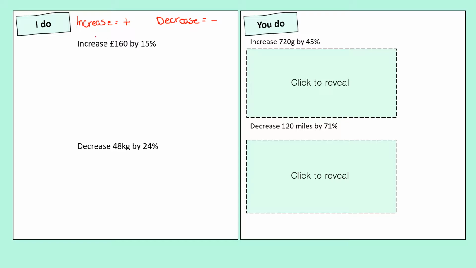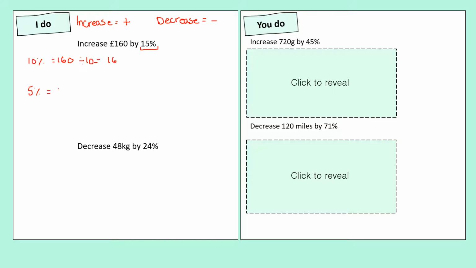So, first one, increase £160 by 15%. The first thing you have to do is find 15% of 160. To find 15%, I'm going to split it into 10% and 5%. So 10% of 160 is 160 divided by 10, which gives me 16.